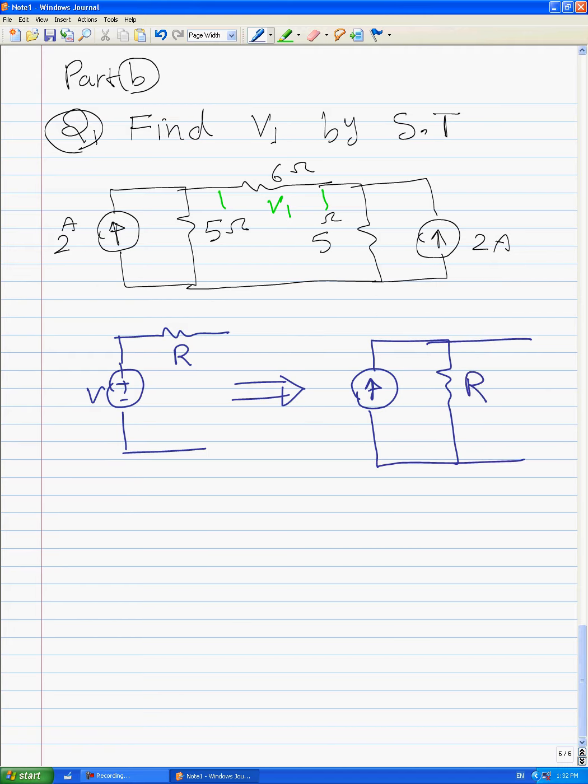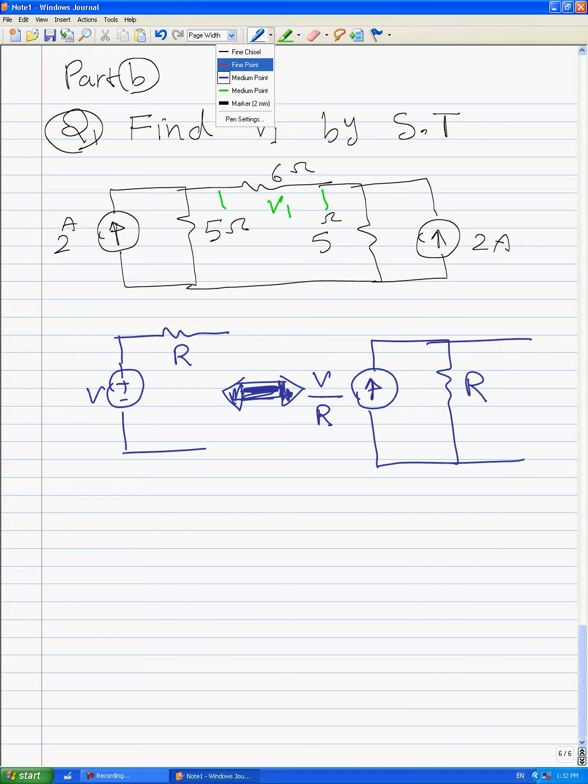This resistor should be same here and the current should be V over R. And also we can use inverse transformation. That's why we can change voltage source to current source and current source to voltage source.